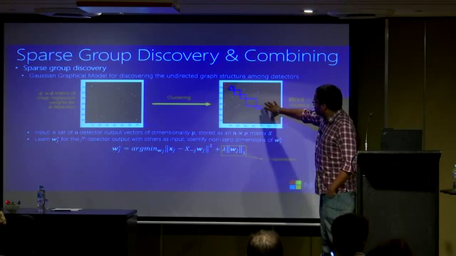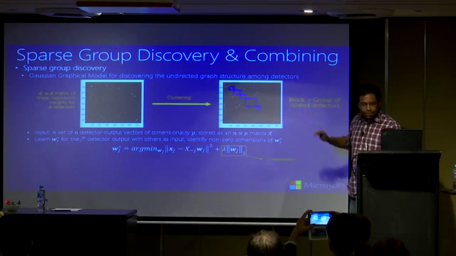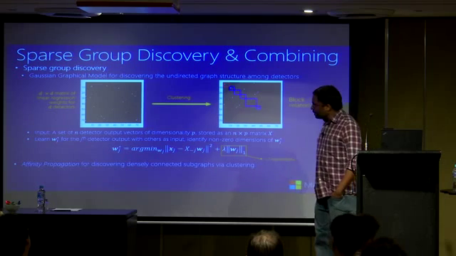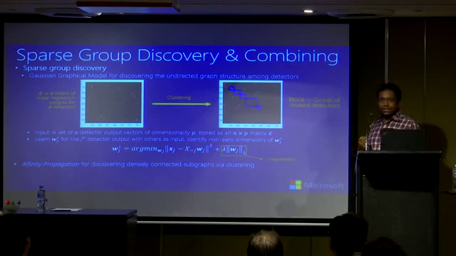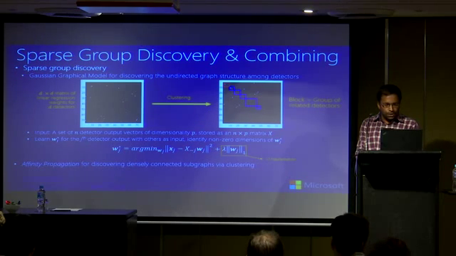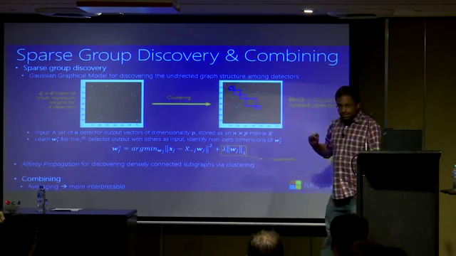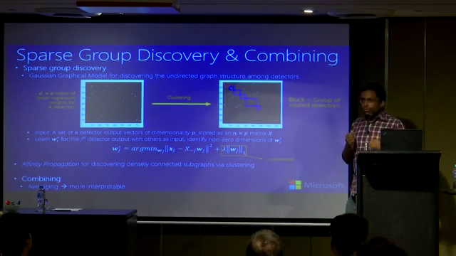But here we ended up discovering 6 different groups in a particular level in our hierarchy. The clustering step is done using an algorithm called affinity propagation, which has the nice property that you don't need to specify the number of clusters ahead of time. And for combining, that is, once we identify a group of detectors, we just use a simple average to compute the group score.